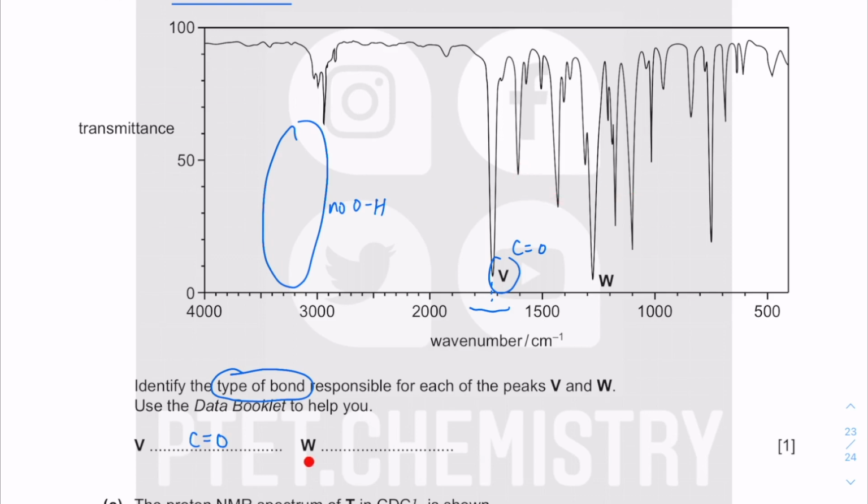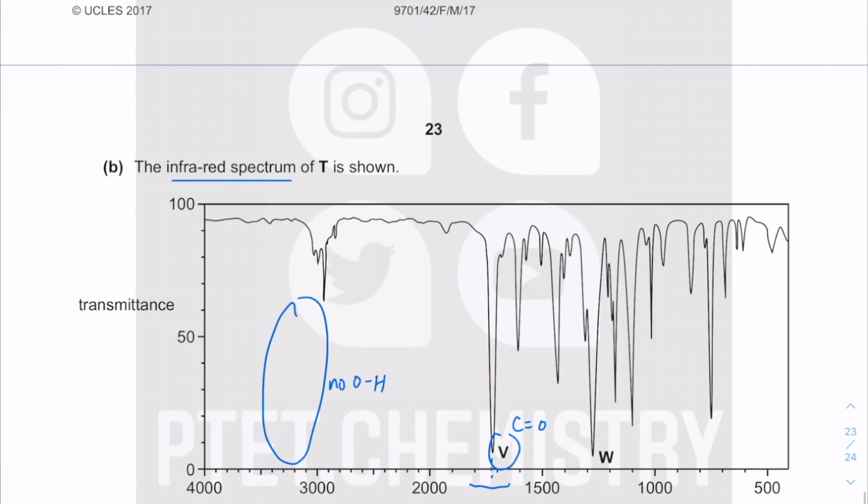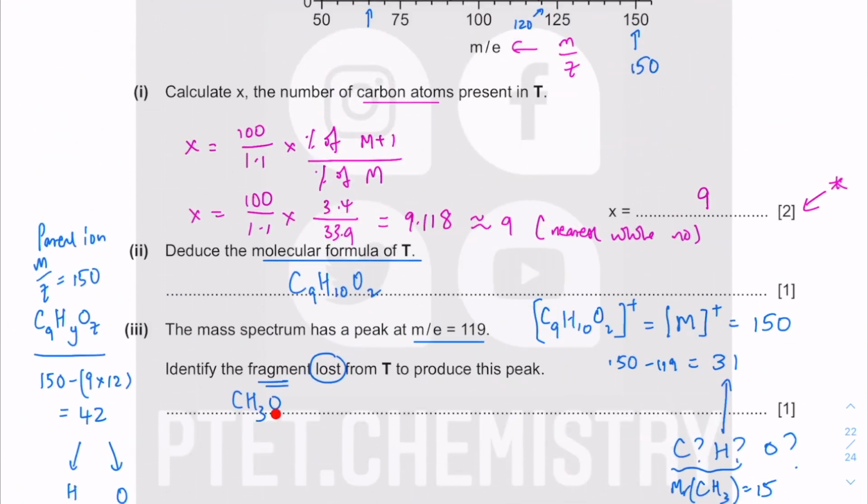W is way lower than 1500, but judging by how we know the infrared spectrum of T, it's got an oxygen. A CH3O is going to look like this.